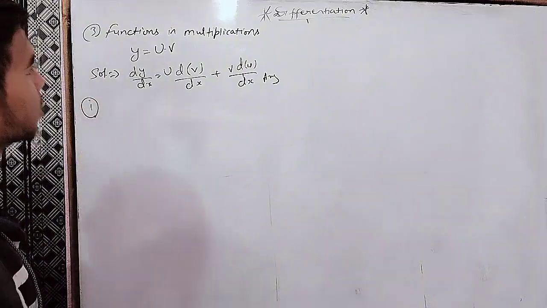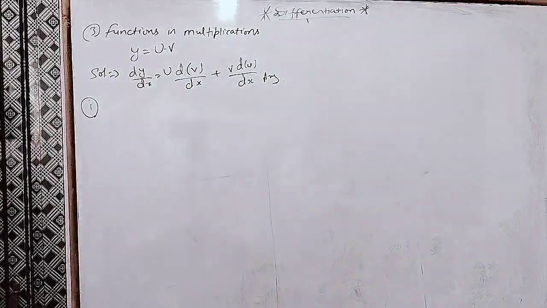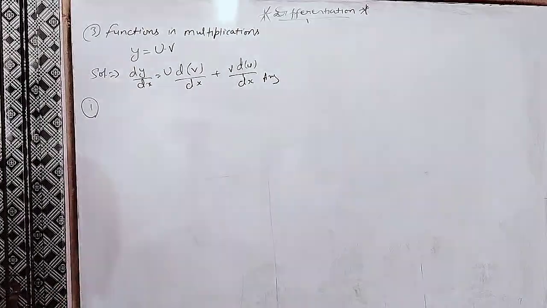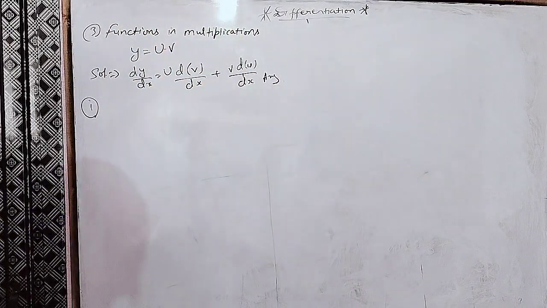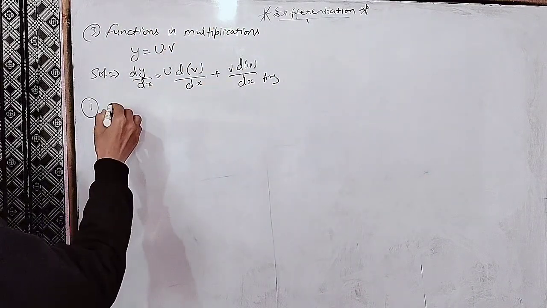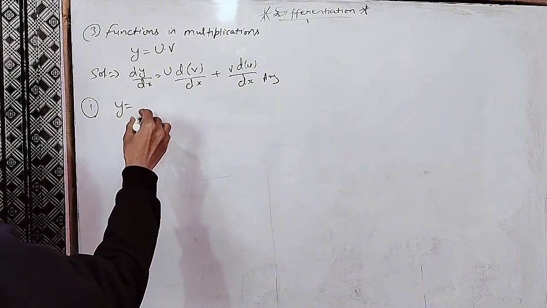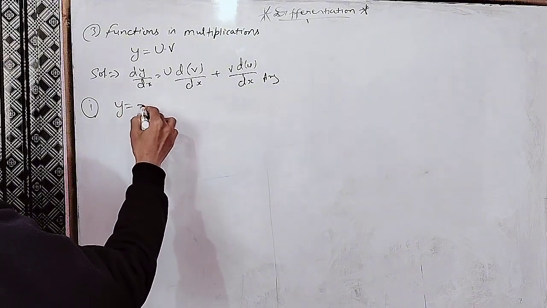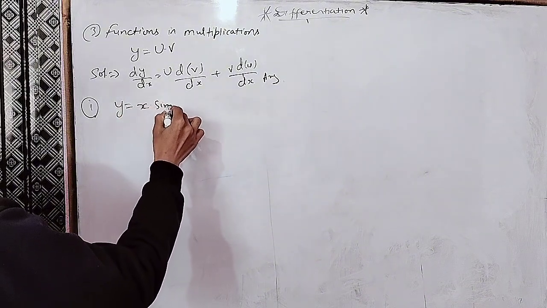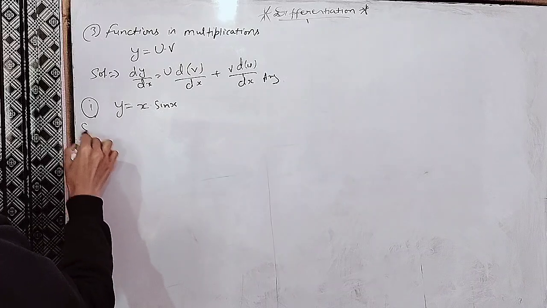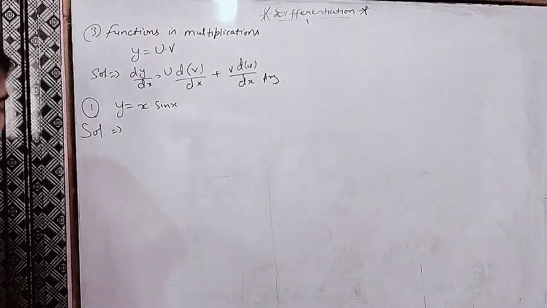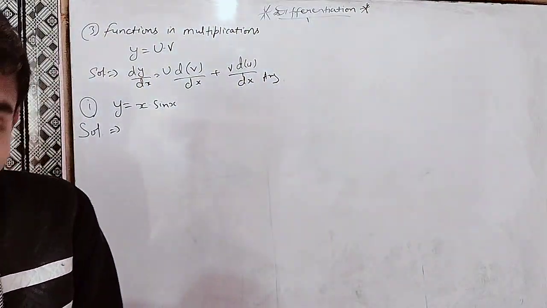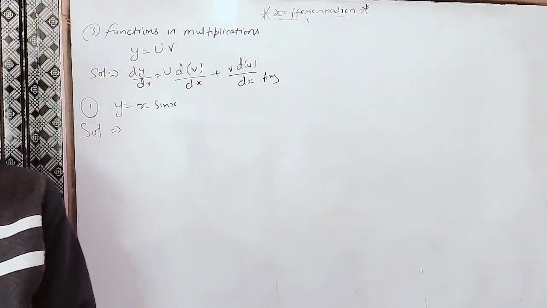Let's take some examples to solve on the basis of functions in multiplication. So first we have y equals x into sin x. Would you be able to solve it?